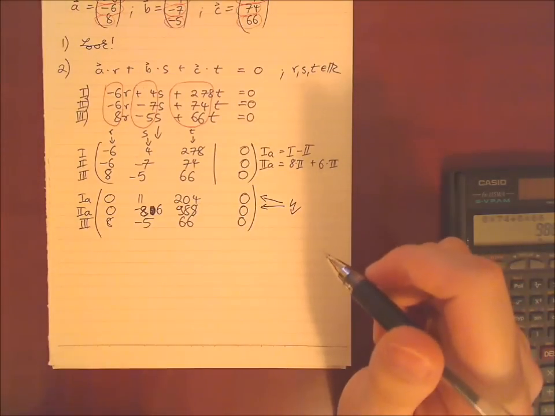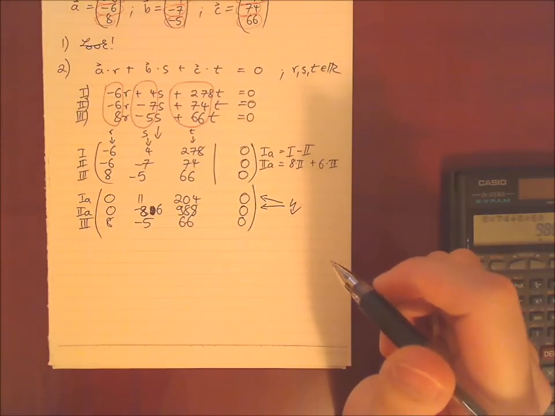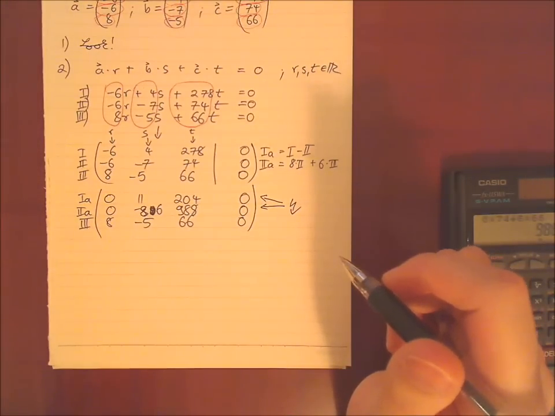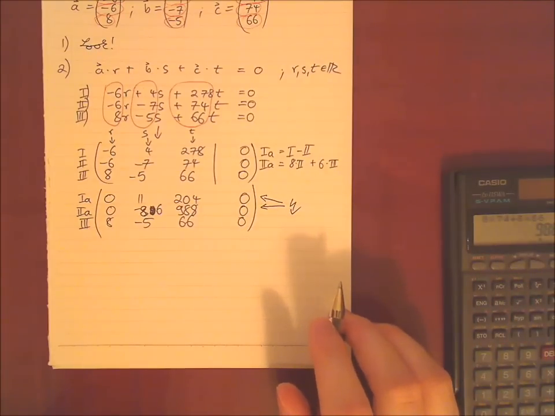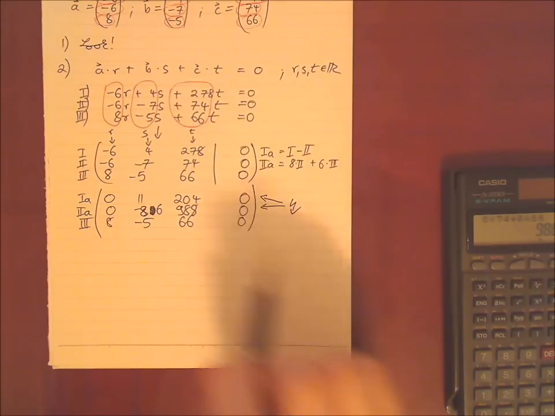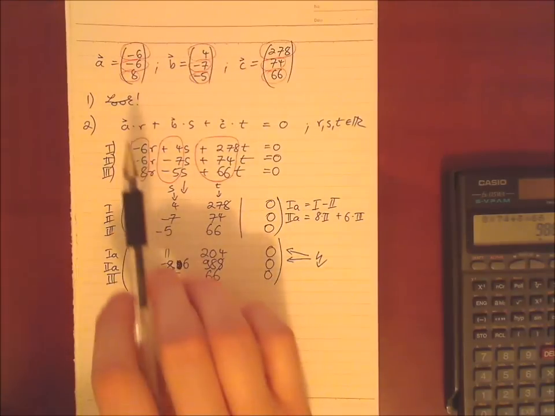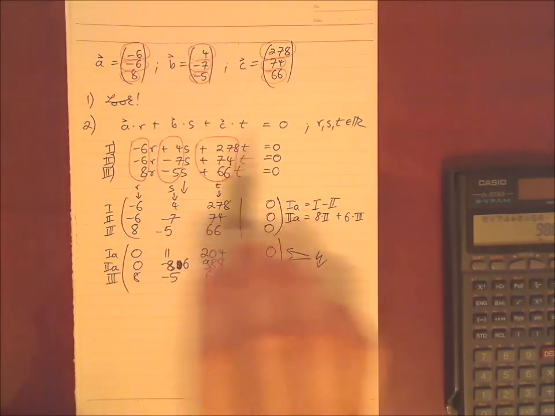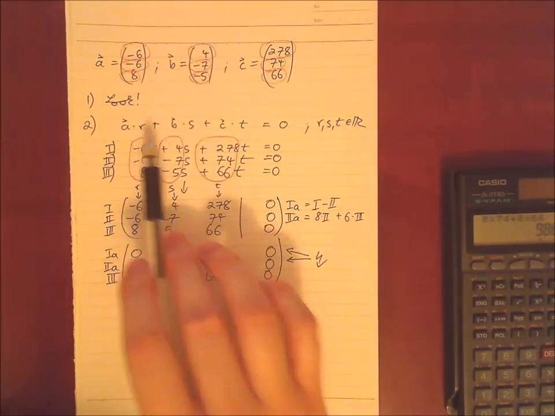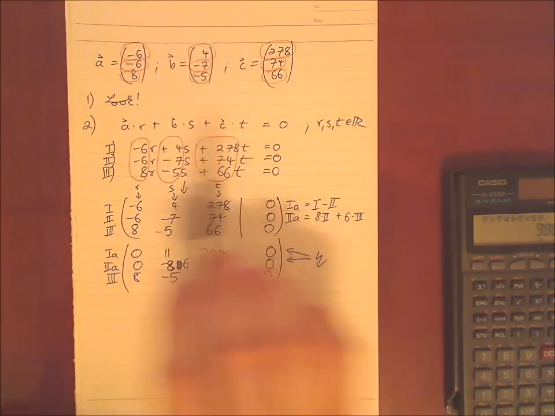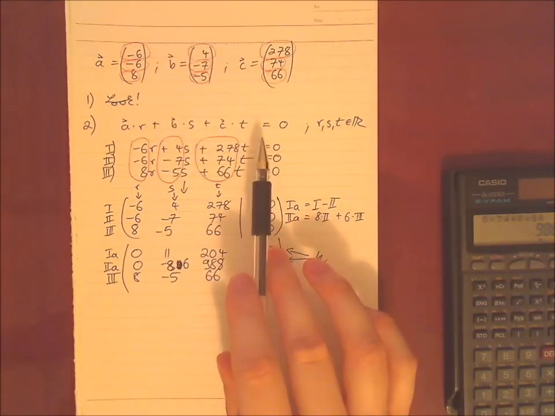And if there's a contradiction, it always means that there is just one solution, which is, as you might remember, as I told earlier, if there's only one solution, it's usually the trivial solution, because of course when I want to solve this, I can always say R and S and T are 0. If all those factors are 0, then of course my equation is fulfilled.